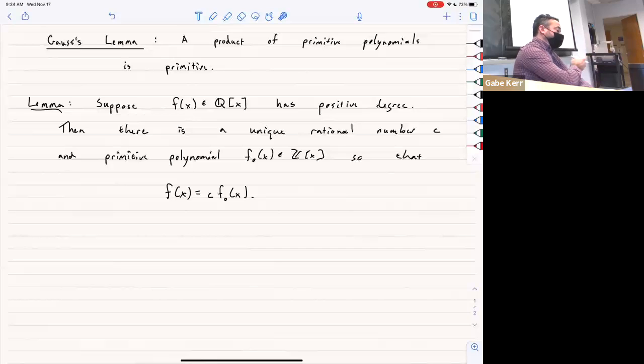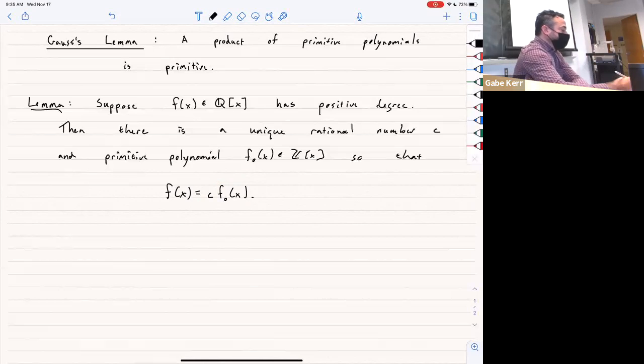You can pull the product of all the denominators out, and that will give you an integer polynomial. Then you can find the greatest common divisor of all the coefficients of that integer polynomial, pull that out, and you'll get a primitive polynomial. Maybe make it plus or minus 1. So it's certainly not too hard.